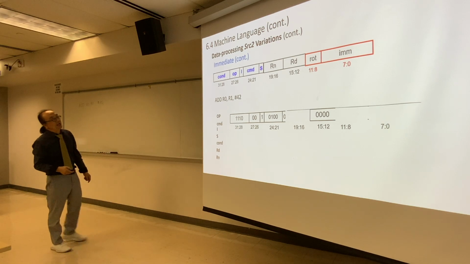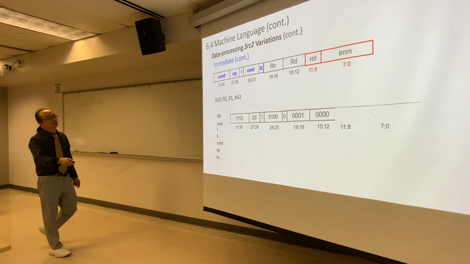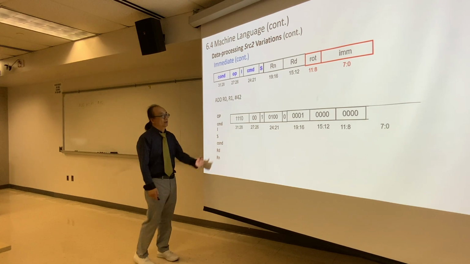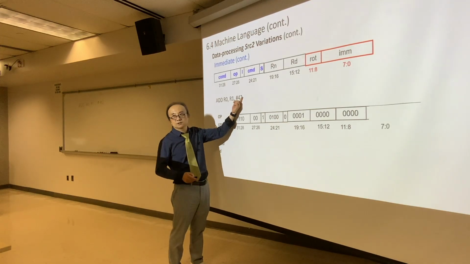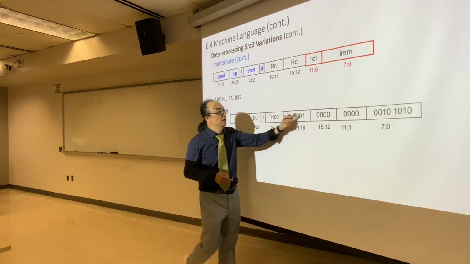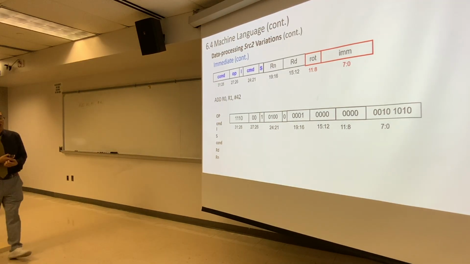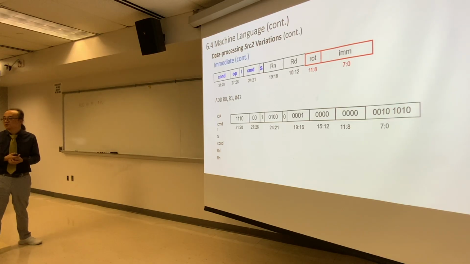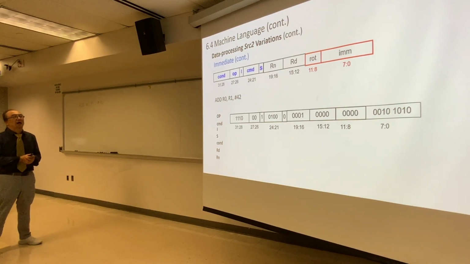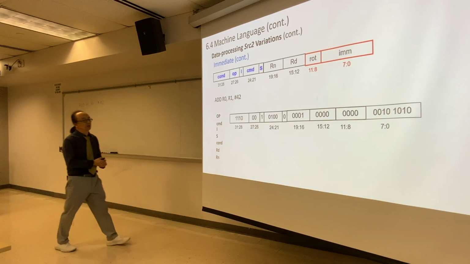Then RN is 1, so 0001, and then rotate. We don't need it because it's less than 255, and put the 42 right there. So that's the complete 32-bit binary representation for ADD R0, R1, #42.